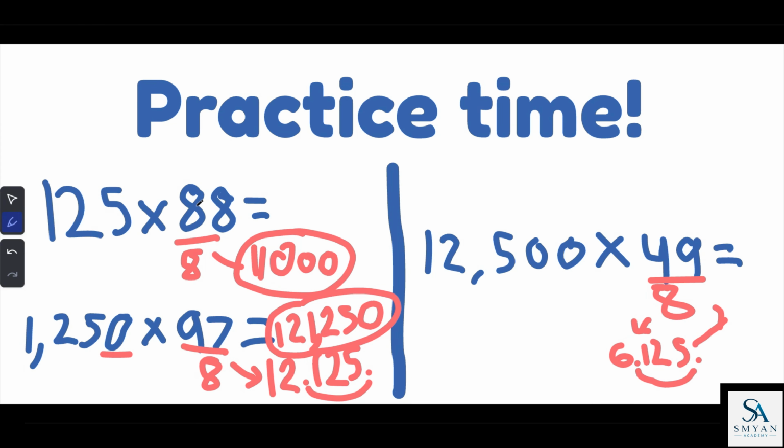So 6,125 will now become 612,500. Let me put those 2 zeros. That's a 5, mind you. So 6,000, let me just rewrite that. I'm going to rewrite it over here. 612,500.